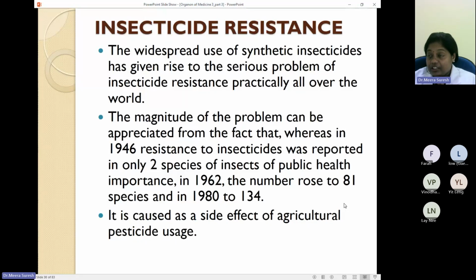Not much financial resources are being lost. Everything is being saved, but the increased use of these pesticides on the food materials is causing other health problems for human beings. So there is a long-term side effect on the agricultural products by the use of these pesticides or insecticides.